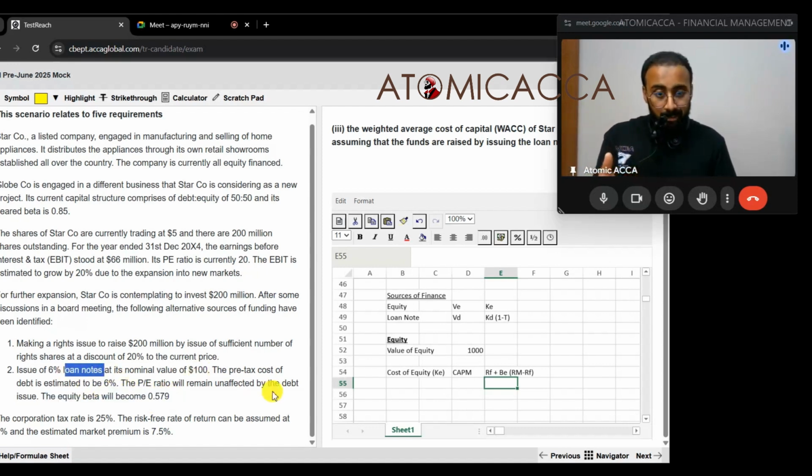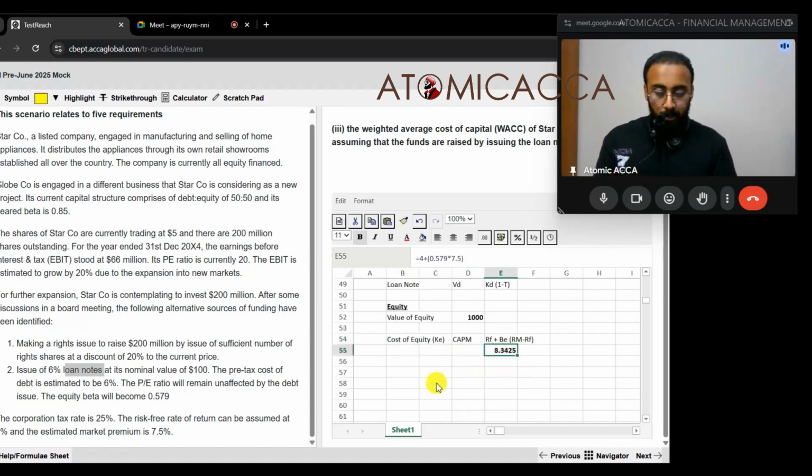So because it is directly given, I can just apply it over here. Rf was 4 percentage plus beta equity will be equal to 0.579 multiplied by Rm minus Rf, which is 7.5. That will be equal to 8.3425. So we have value of equity, we have cost of equity.